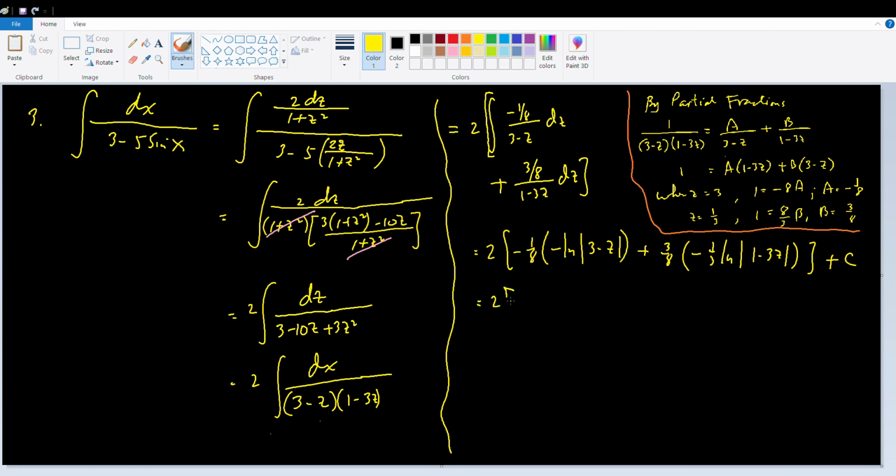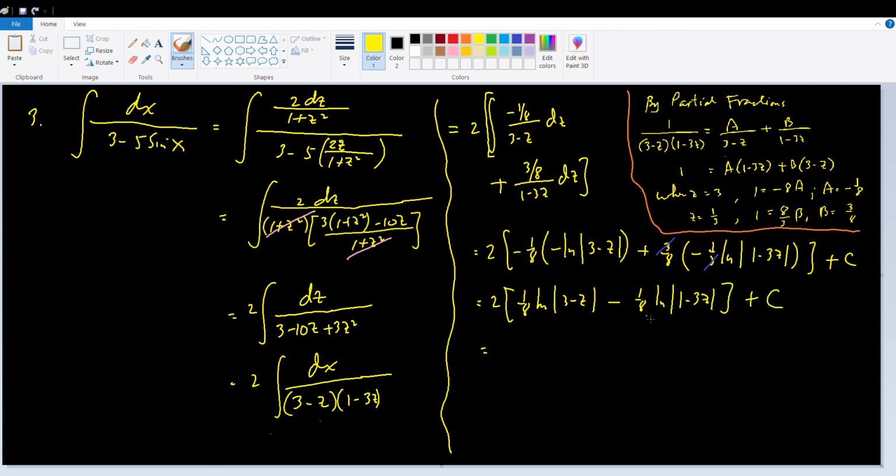So 2, and then positive 1/8 ln of 3 minus c, minus, the 3 will cancel here, so negative 1 over 8 ln of absolute value of 1 minus 3c plus c.